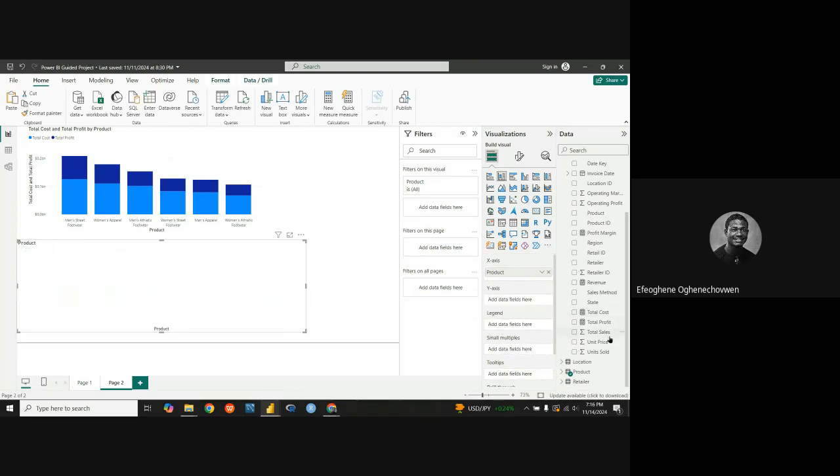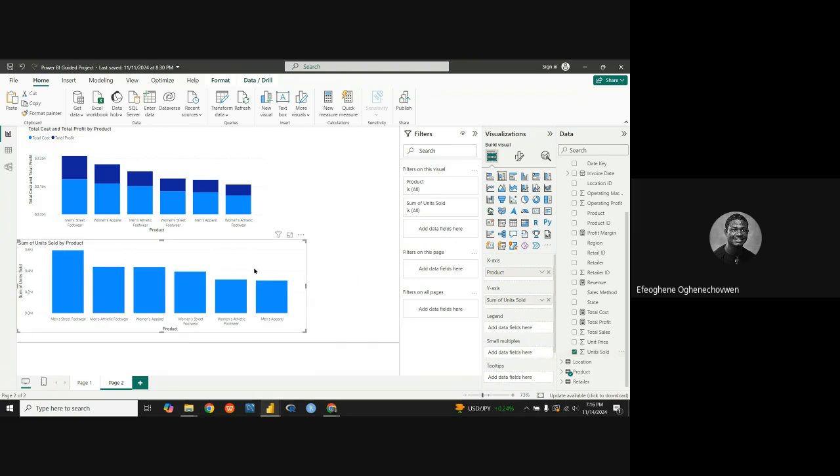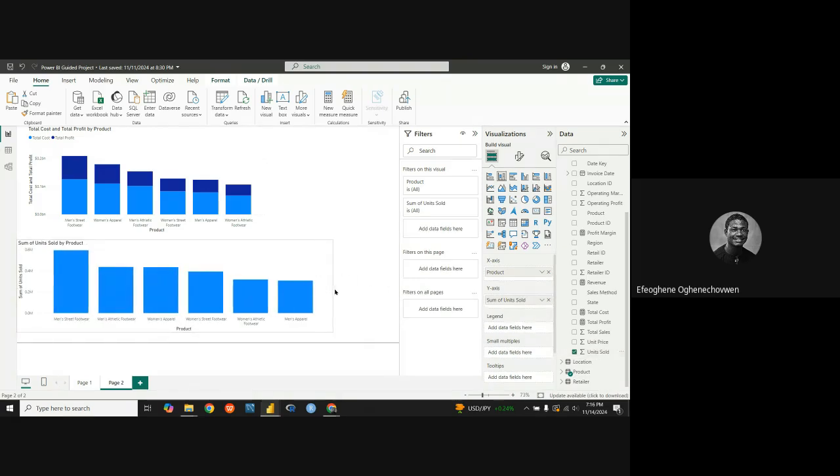All I'm coming to do here is, where is my units sold? So this is sum of units sold, right?